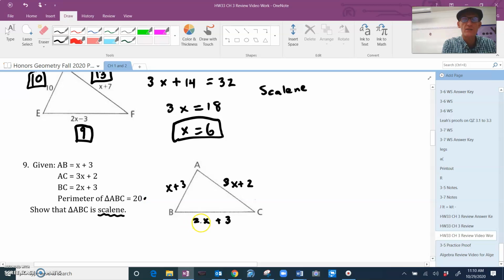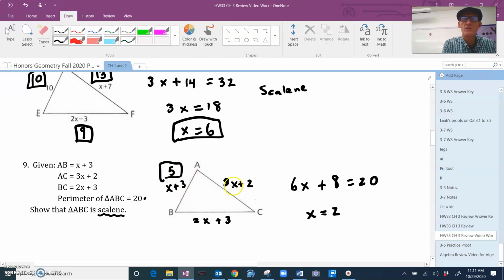So 2x plus 3x is 5x, plus another x is 6x. 2 plus 3 is 5, plus 3 is 8. 6x plus 8 equals 20. We subtract the 8 and divide by 6, and we get x equals 2. Okay, so this side is 2 plus 3, which is 5.